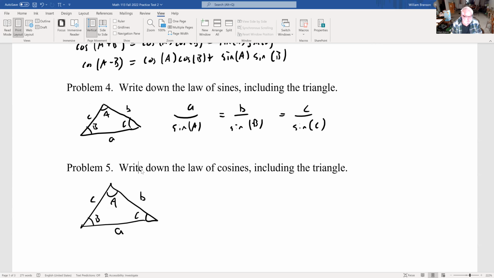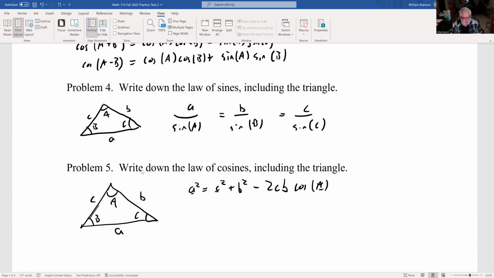And so a squared equals c squared plus b squared minus 2cb cosine A. So the side a and the angle A are sort of on opposite sides, and then the two sides adjacent to the angle A show up here and here.